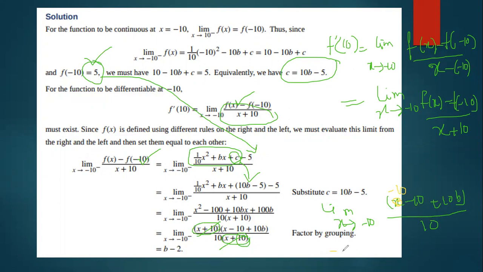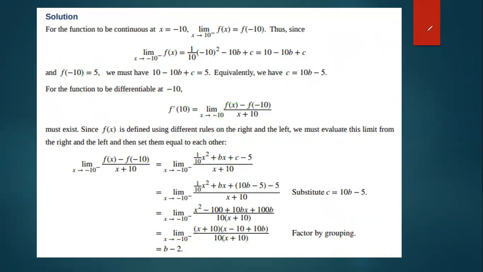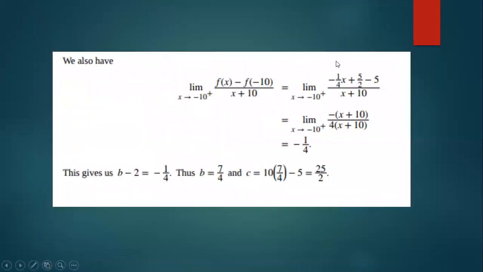Okay, so this will be minus 20 plus 10b divided by 10. So it will be minus 2 plus b, or b minus 2, which will be written here, b minus 2. Okay, so this is the value for my first system.